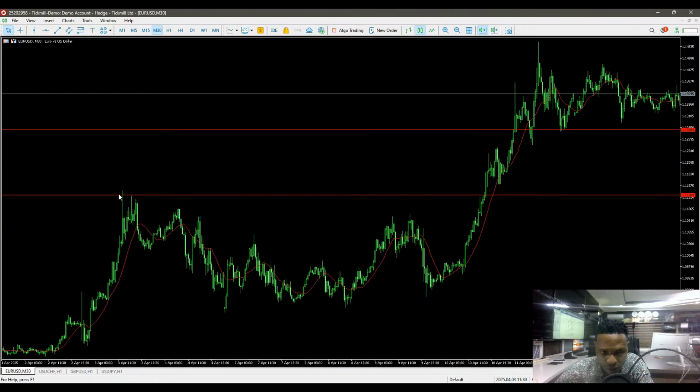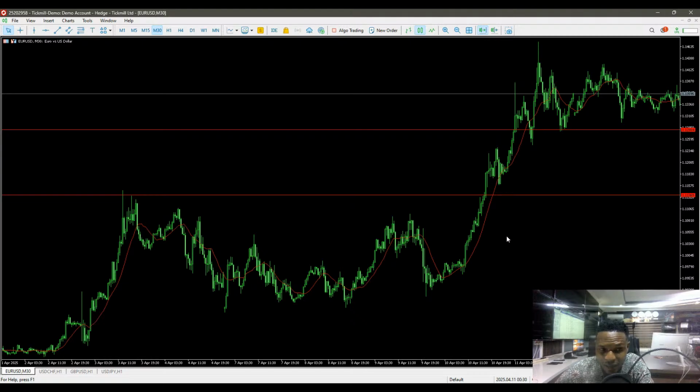You can see this was the last time the support worked. See it here. You see price moved before price came to break it. So let's assume we pick this.